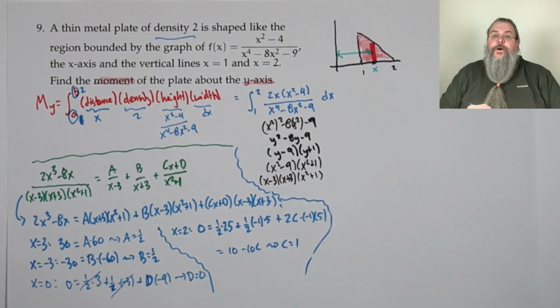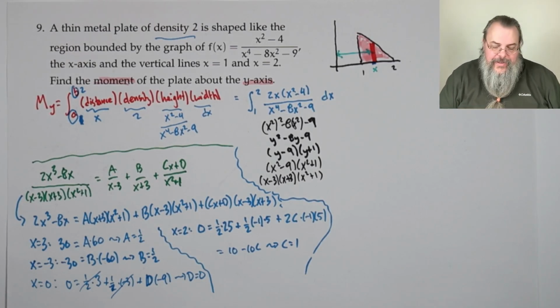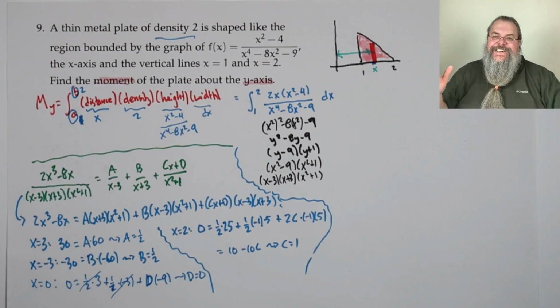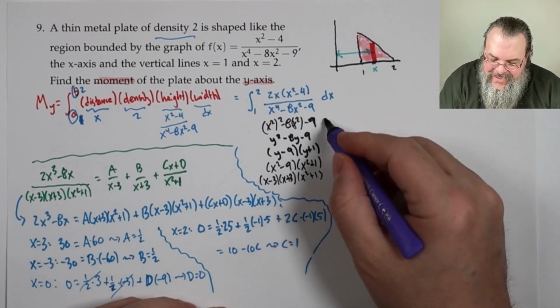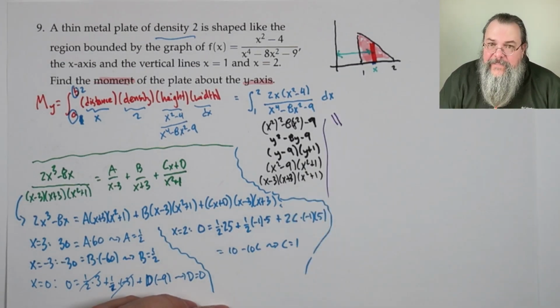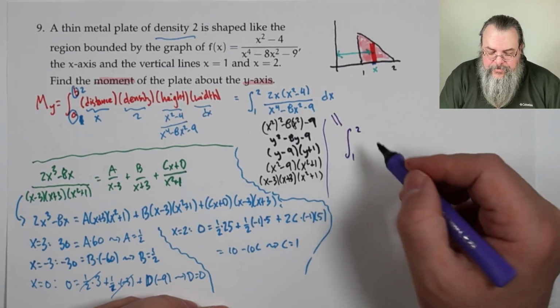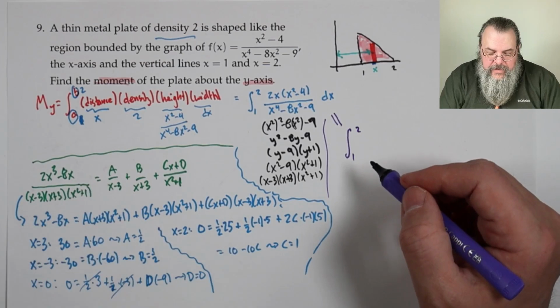Okay. Whew. All right. Now, what does all of this give us? All of this work is to say the following, that this is the integral from 1 to 2, and we replace what we know.